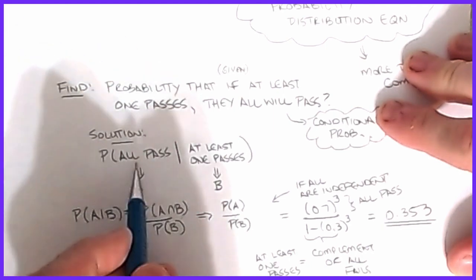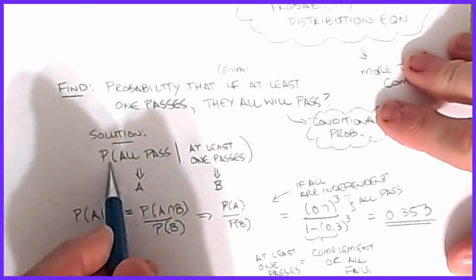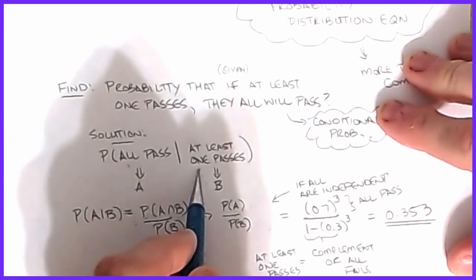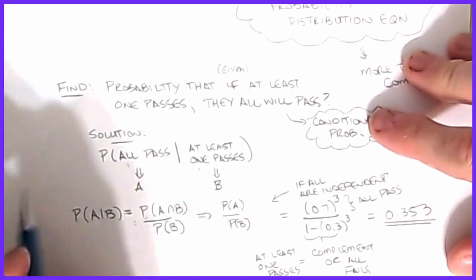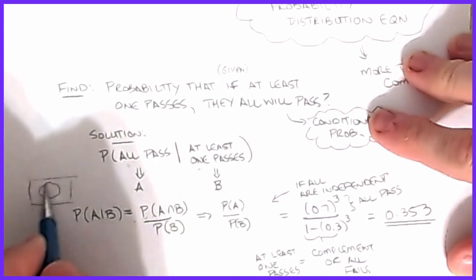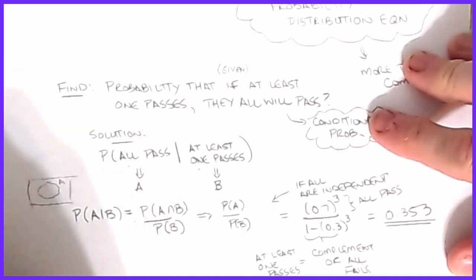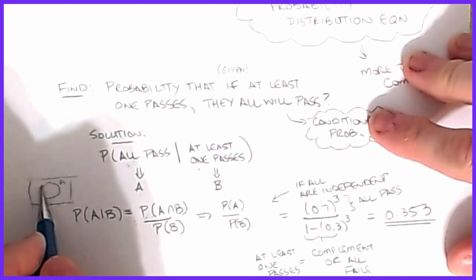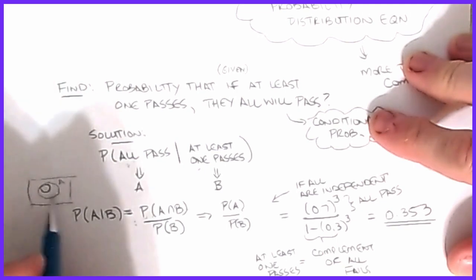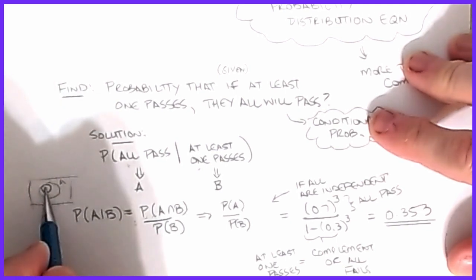If you look at what's happened here, clearly if they all pass, at least one of them had to pass. So on a Venn diagram, that's my event A, inside that circle, event A is living inside of event B, right? Because in order to have all 3 pass, at least one has to pass.